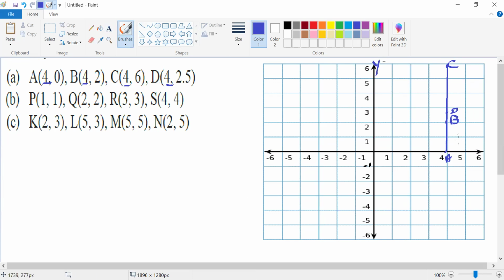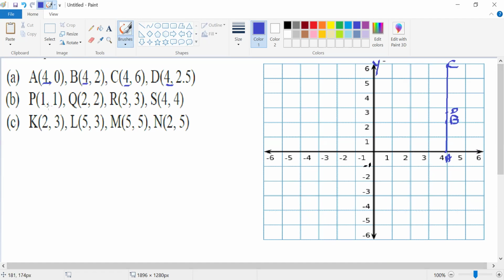So when x is constant and you draw, you get a line parallel to the y-axis. Suppose y is the same and x only is changing, then we will get a line parallel to the x-axis.